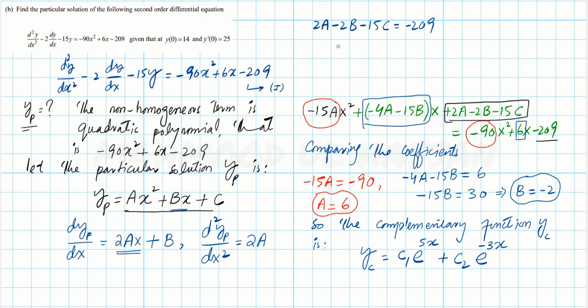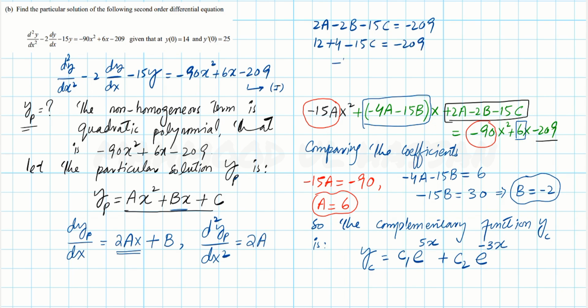We put the value of a here, so that would become 12, and when we put the value of b here, negative 2 times negative 2 is 4, and then negative 15c is equal to minus 209.